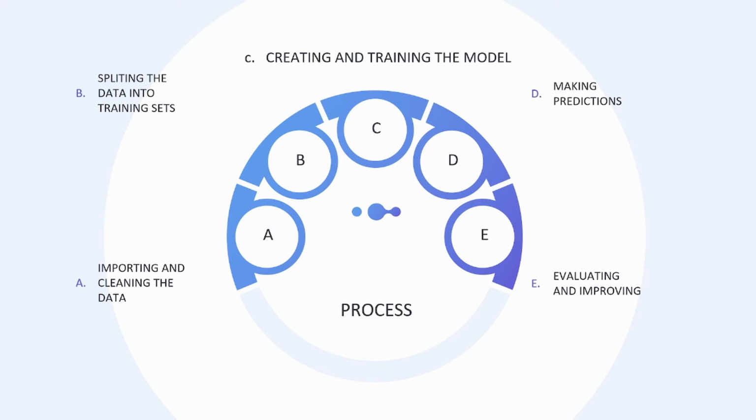Next, step C, we are creating and training the model. So now when we have imported and cleaned the data, we have split the data for the machine learning algorithms, not actually training the data, but just to speed them up. Now we will be actually creating and training the model.